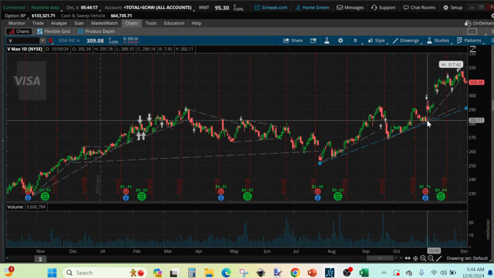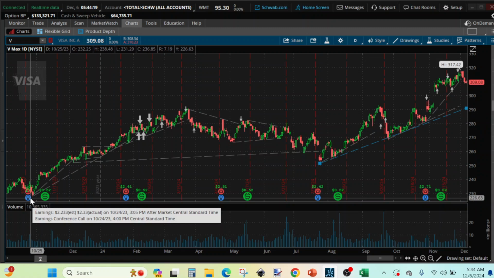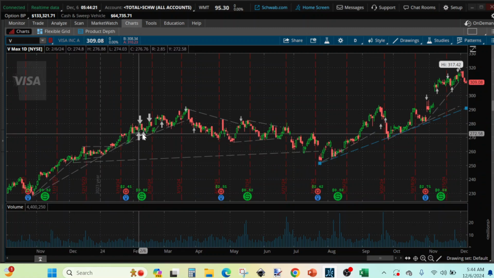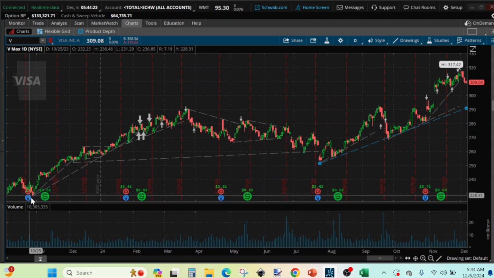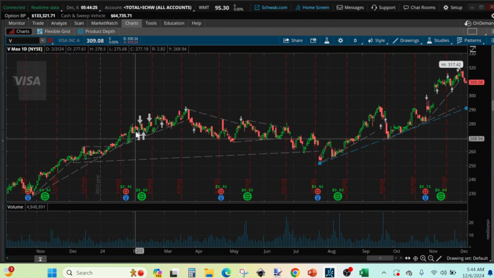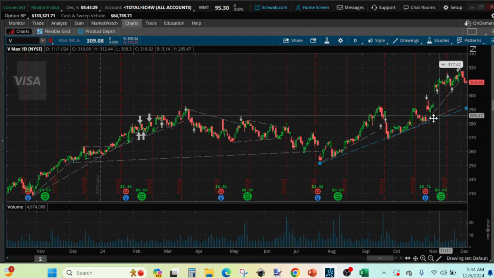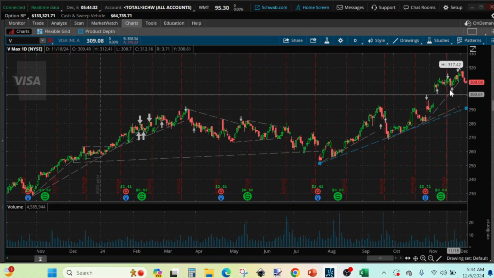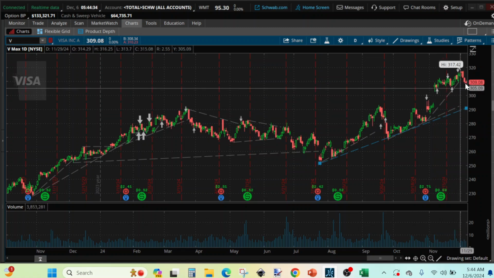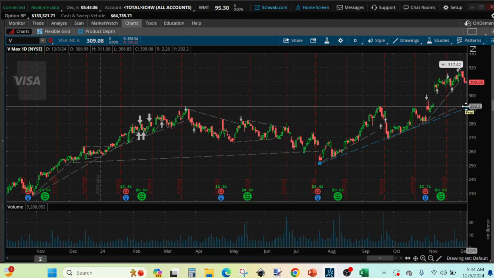And this is October, and we have October here. That October line, if it's replicating this line, is going to go all the way to around February. So that could be a line we could buy on.